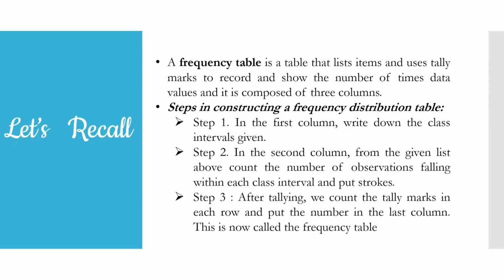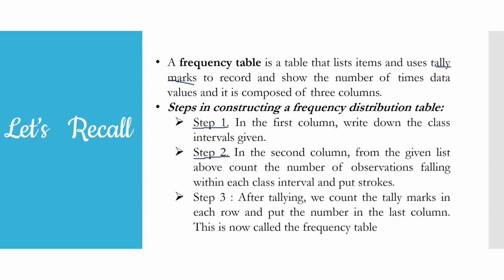Let us just have a quick recall of what we have learned. A frequency table is a table that lists items and uses tally marks to record and show the number of times data values appear, and it is composed of 3 columns. There are steps that we follow in constructing a frequency distribution table. Step 1. In the first column, we write down the class intervals given.